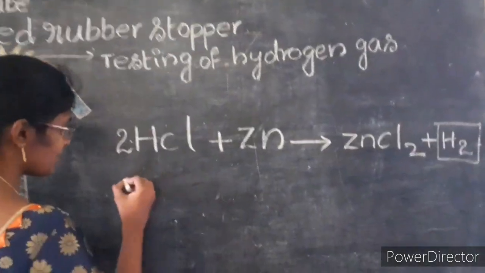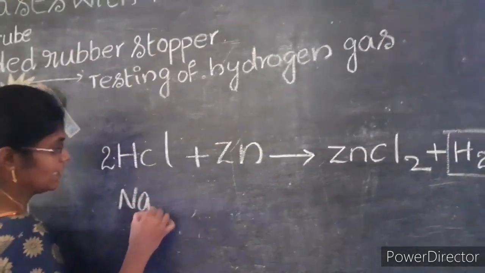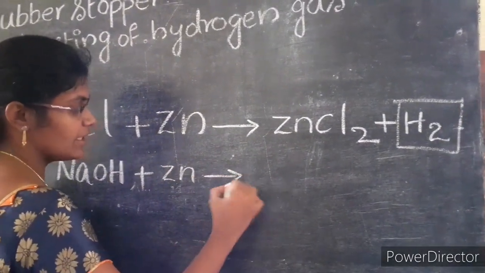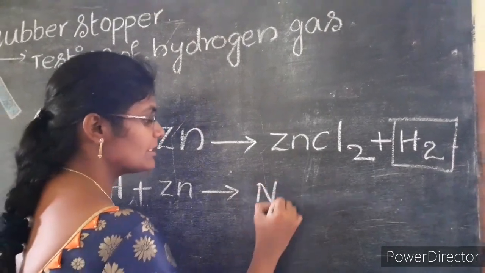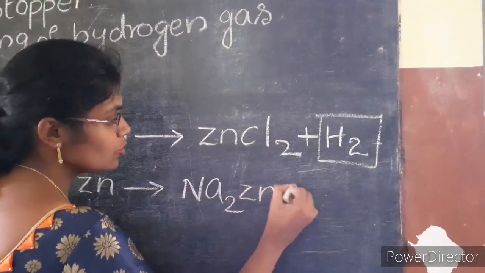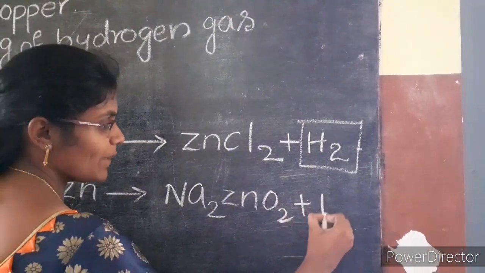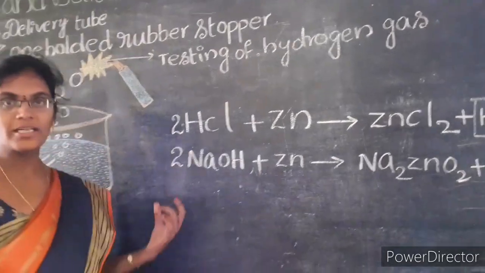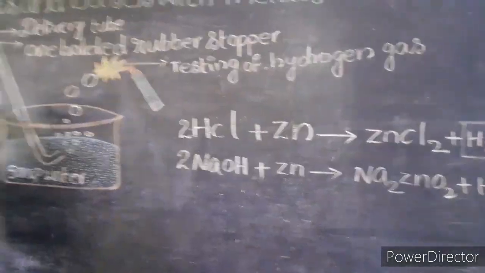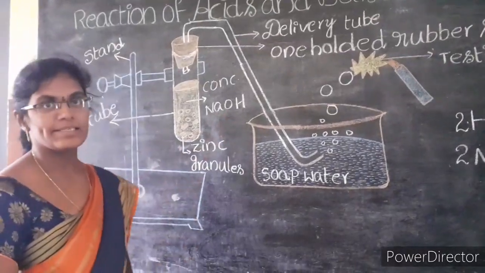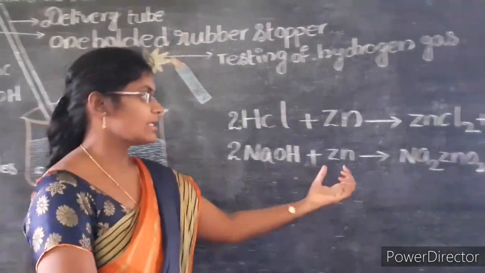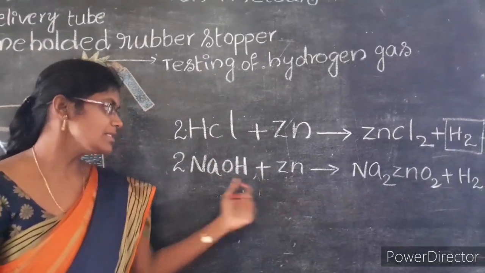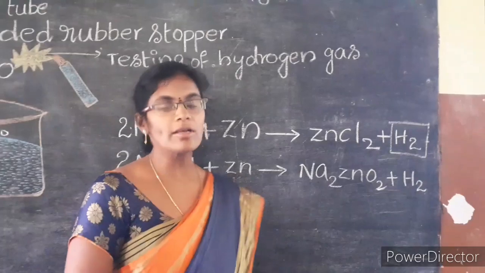Okay. So the reaction is NaOH plus Zn gives sodium zincate, Na2ZnO2, plus hydrogen. Okay children, this is the equation in the case of bases. Here also hydrogen gas was evolved, but with all metals the hydrogen gas does not evolve.